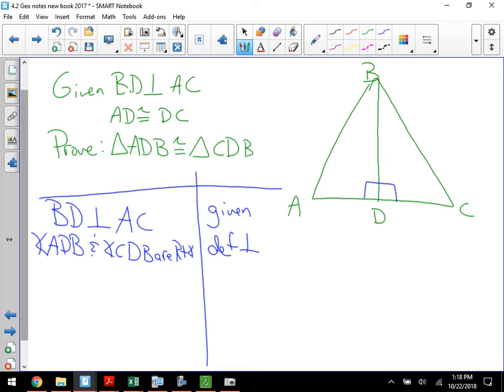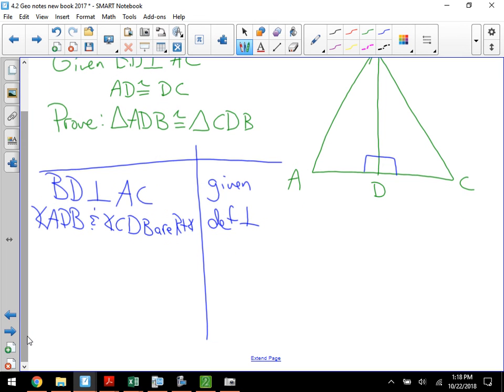After I have right angles stated, what do I say about those 2 right angles? They're congruent to each other. So then I would say angle ADB is congruent to angle CDB, and again, according to my progression sheet, the reason is all right angles are congruent.